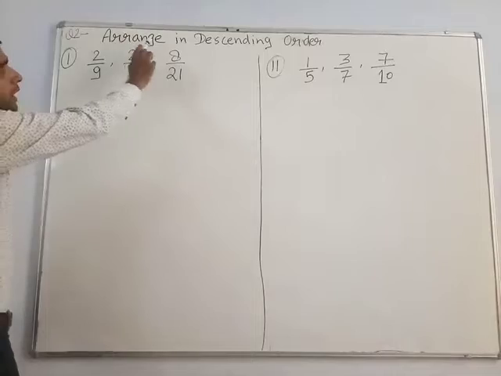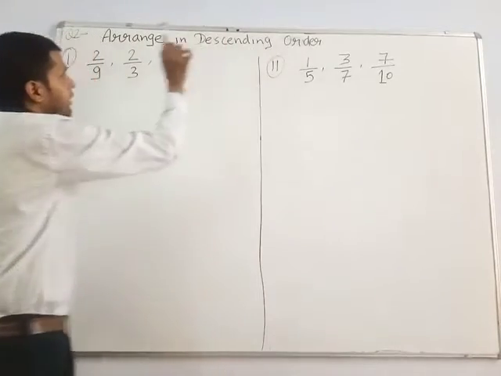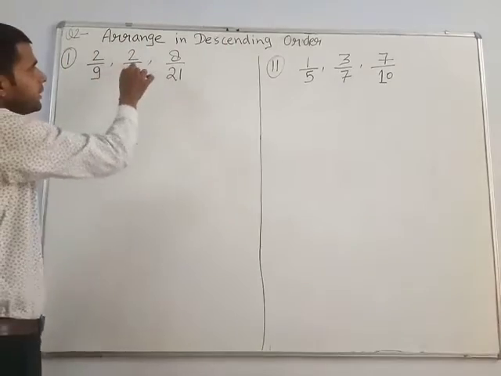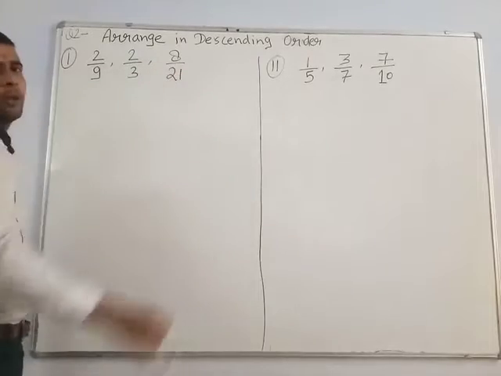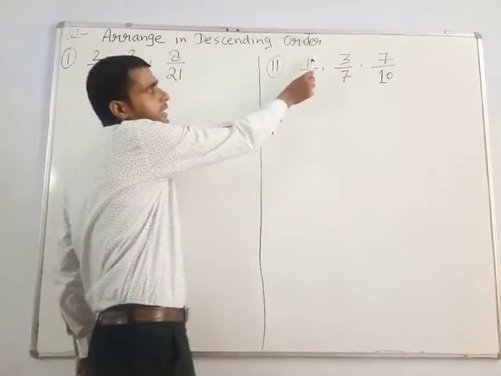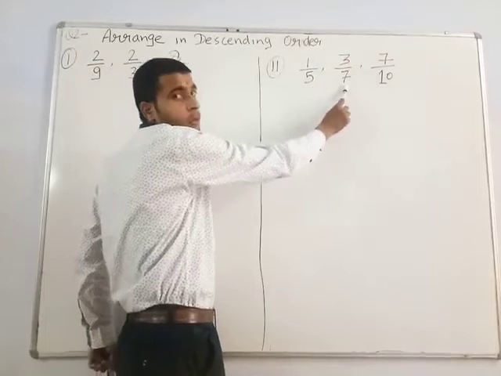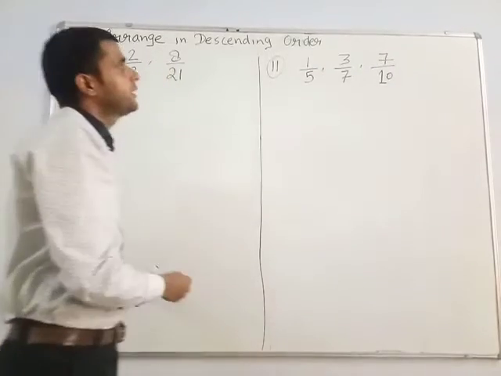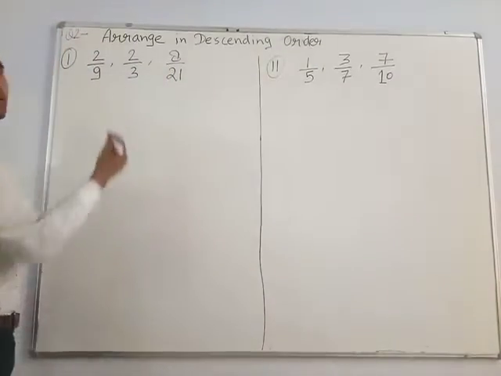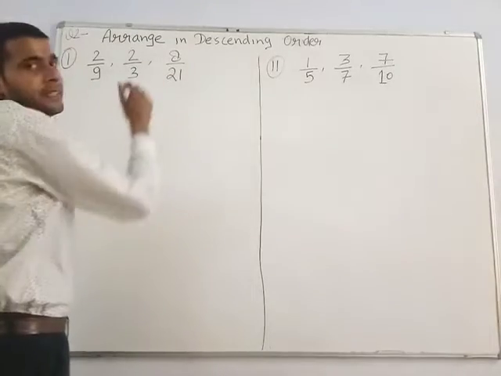Then question number 2, arrange in descending order. First question 2 upon 9, 2 upon 3, 8 upon 21. And second question is 1 upon 5, 3 upon 7, 7 upon 10. So first, what is ascending order or descending order?